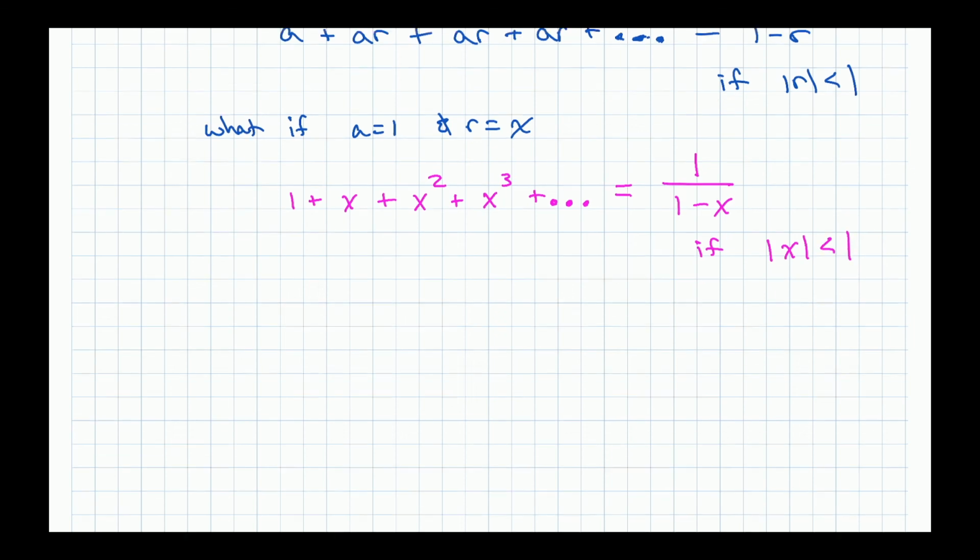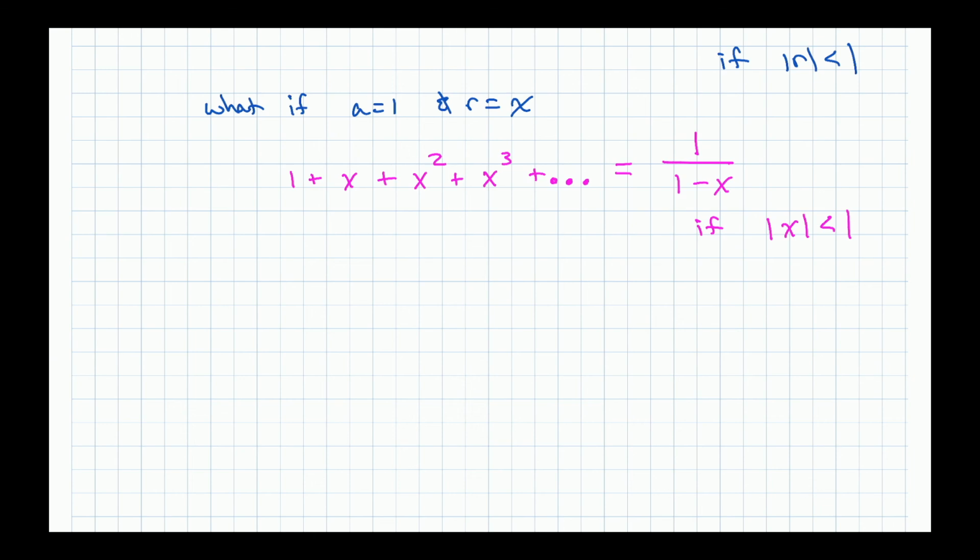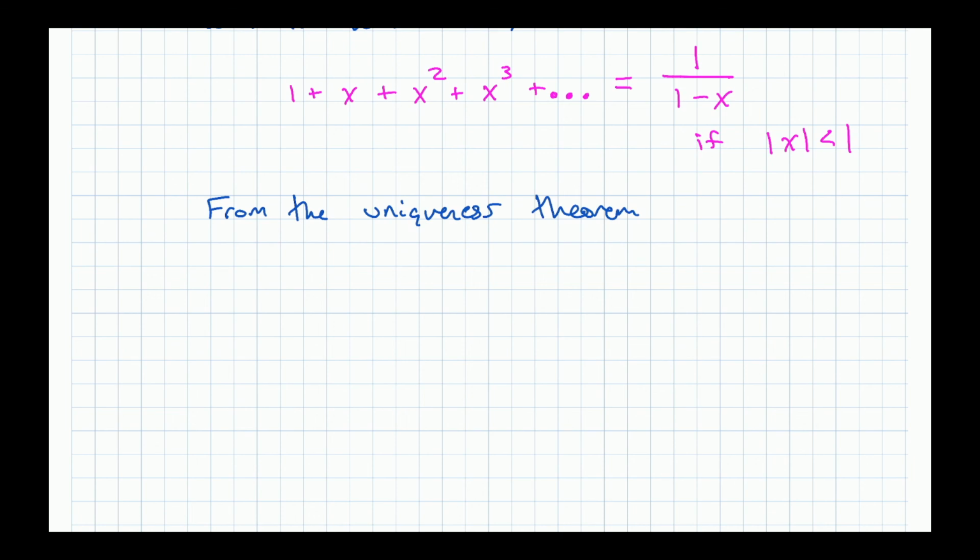So what does that say? The interpretation of this from the uniqueness theorem is this: the Taylor series of f of x equals 1 over 1 minus x. Actually, it's not even the Taylor series, it's the Maclaurin series, because I can see that it's centered at 0.